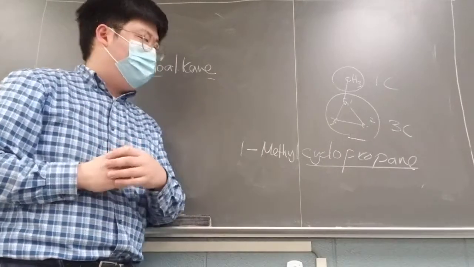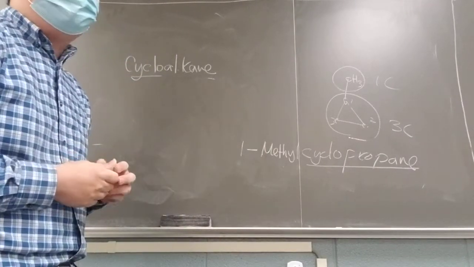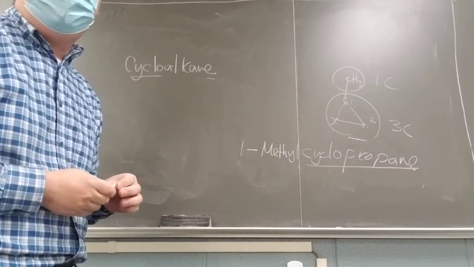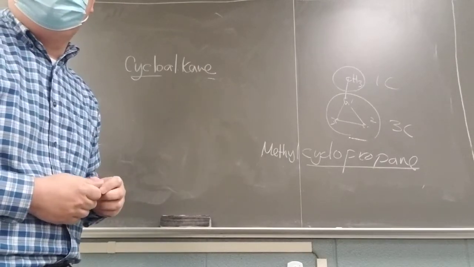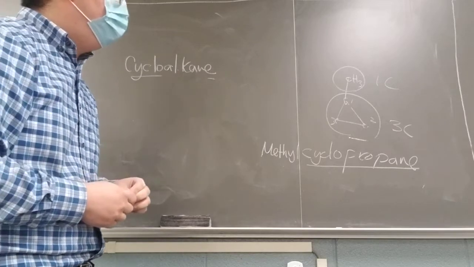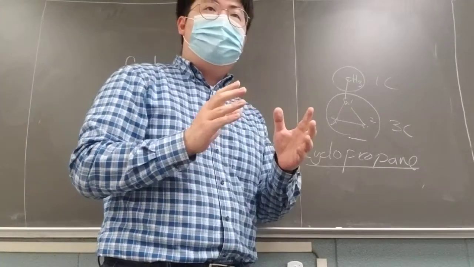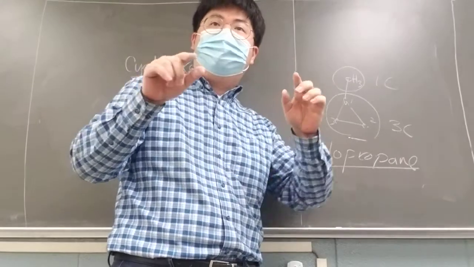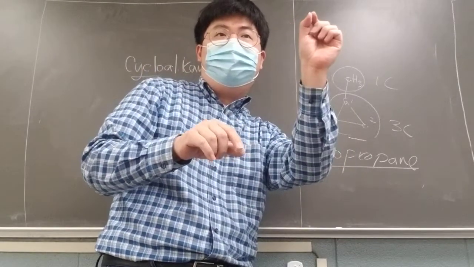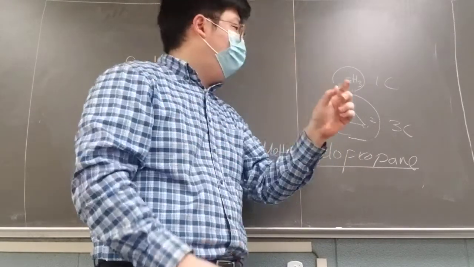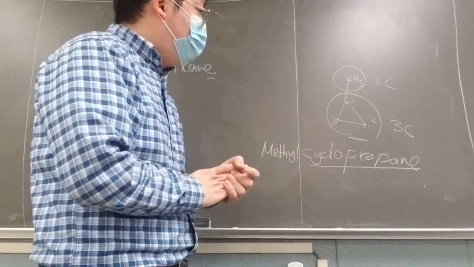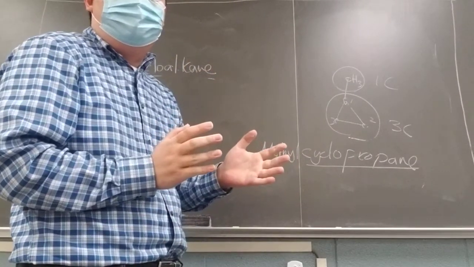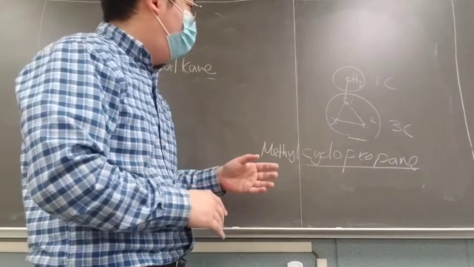If you do this, it is actually okay, but you don't have to do this if there's only 1 alkyl group, because unlike the linear, so linear has what? First and end, right? The ring structure doesn't have an end point, right? So it's slightly different from the regular linear alkane.